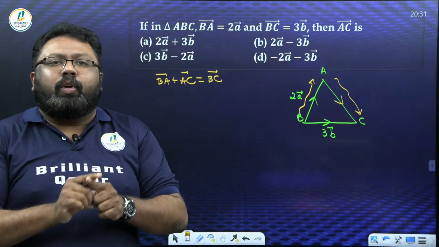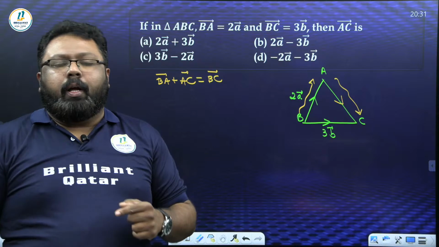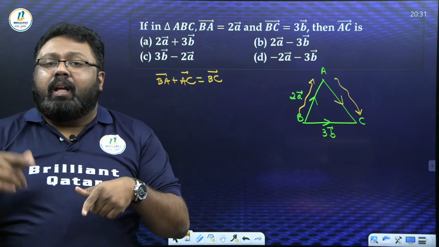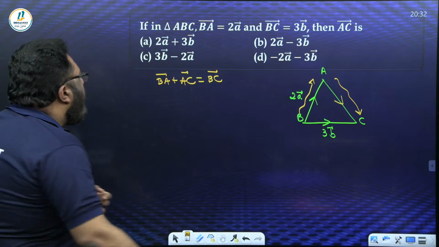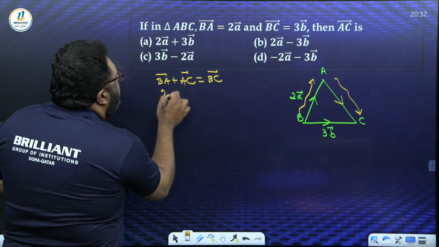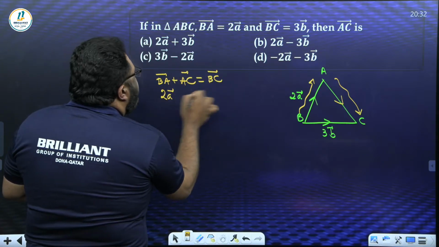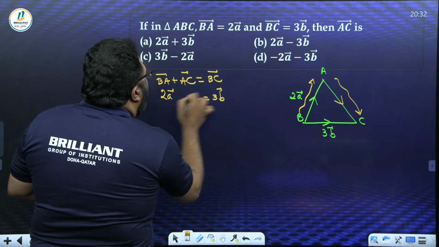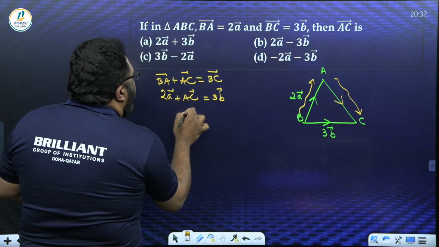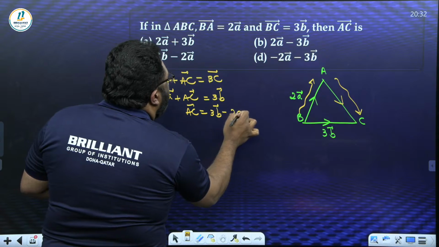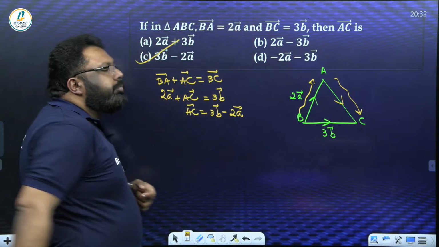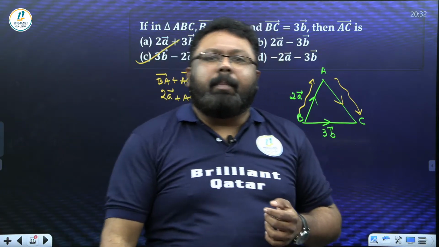If I am able to connect two vectors in the same order, then the third vector will be equal to the opposite order. So BA is given as 2a, BC is given as 3b, and I want to find AC. So AC is going to be 3b minus 2a. Option C. Simple answer.